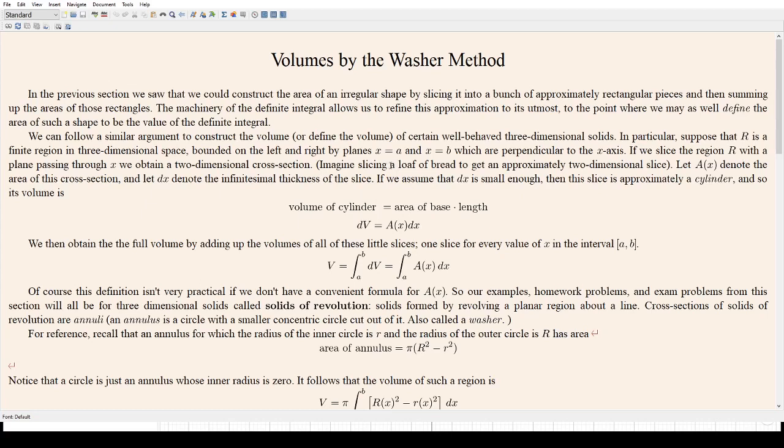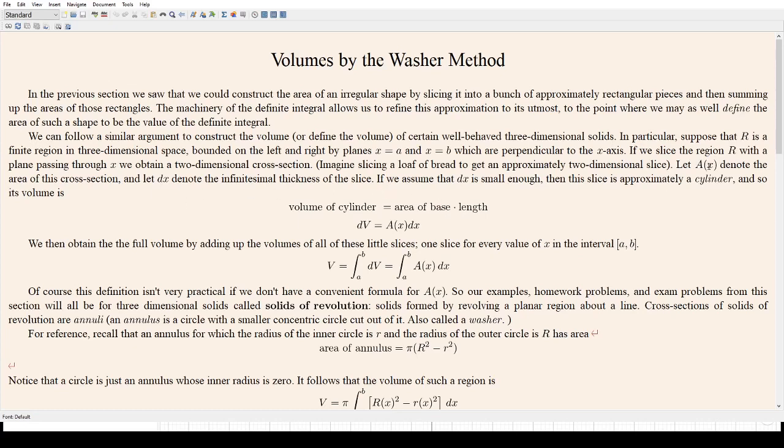You get an approximately two-dimensional slice, provided the thickness is small enough. Now, the actual cross-section that you get depends on the value of x where you slice it. So consequently, the area of that cross-section is going to be a function of x. It depends on where you've sliced the solid.